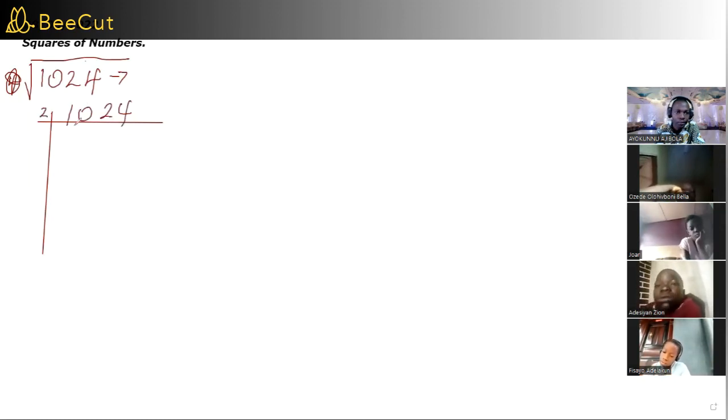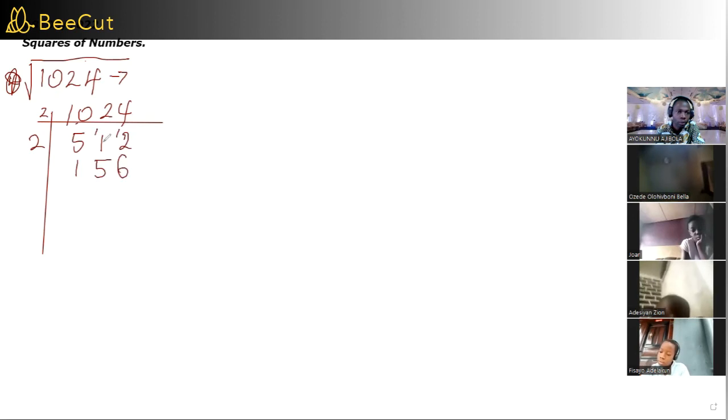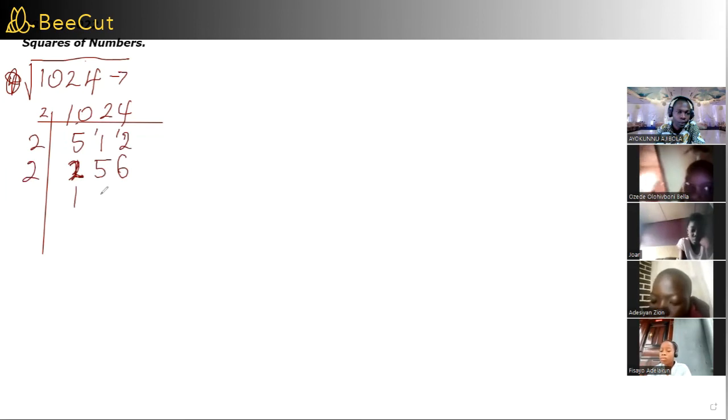2 can divide this. How many 2 in 10? That's 5. 2 in 2 is 1. And 2 in 4 is 2. And 2 in 5 is 2, remember 1. 2 in 11, 5. The 1 and 2 here 6. 2 remain the 1. 2 in 5 is 2 again. 2 here is 8.